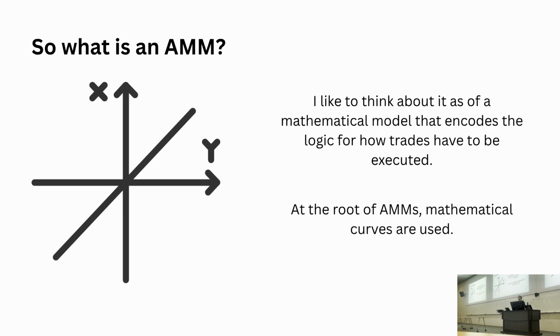It's a smart contract which holds two assets, might be Bitcoin and US dollars, and the AMM is going to tell you if anybody comes in and trades those assets for one another, the role of the AMM, or the underlying mathematical model, is to essentially answer questions like, if I have X amount of token X, or token A, and Y amount of token B, what price should I quote a trader? At the root of AMMs, the idea of a mathematical curve is used, and which curve exactly we're going to talk in a second.